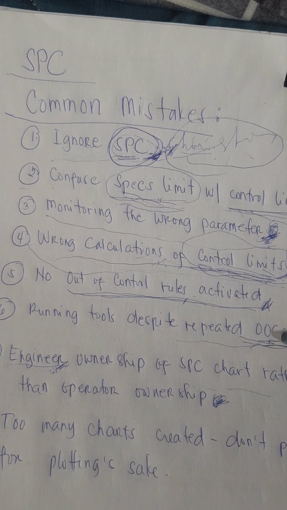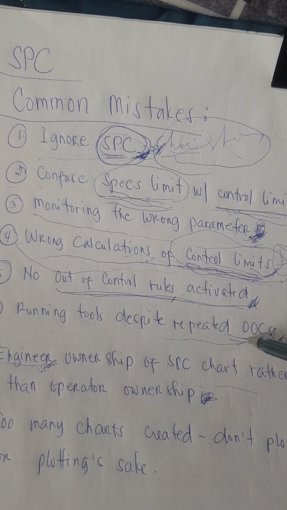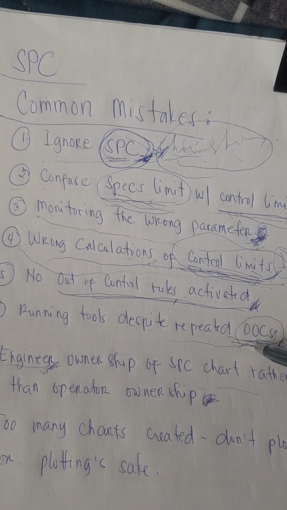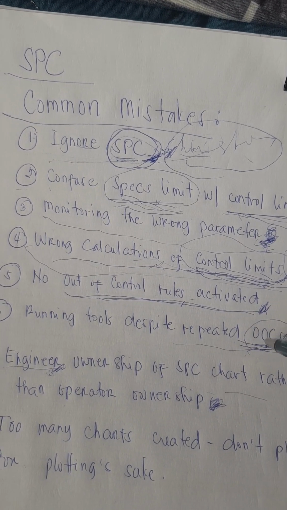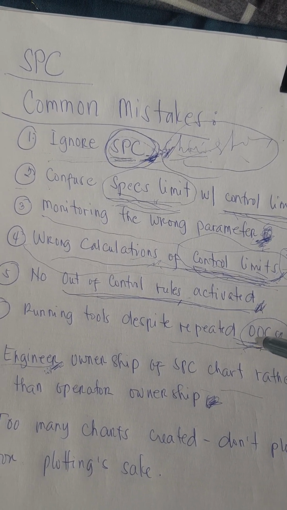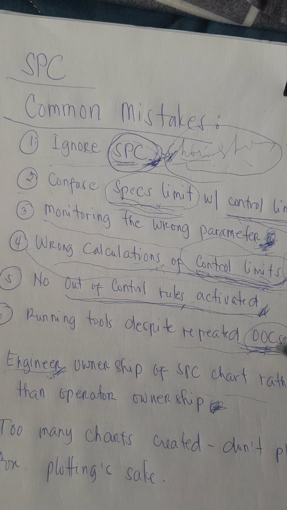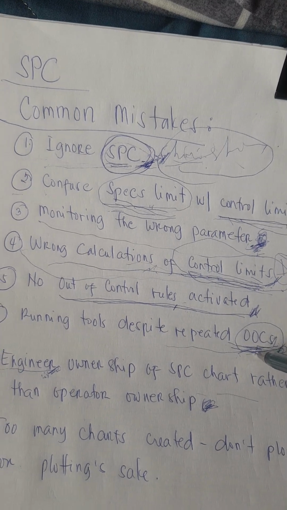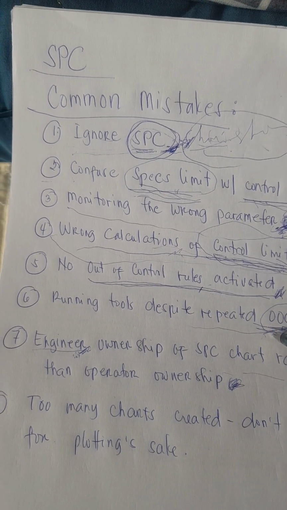That is why we are asked to have OCAP. What is OCAP? OCAP is out of control action plan. This is to address all the OOCs that we are encountering in our process.